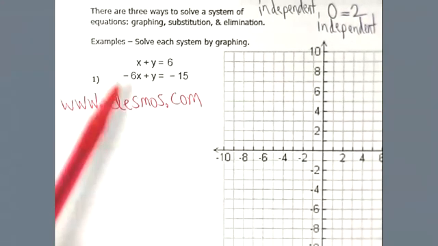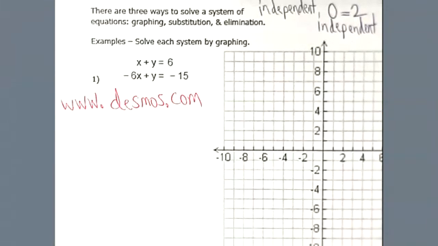So I'll give you a second to copy down, if you need to, the system of equations. And we're going to solve this particular system by graphing. Okay, let me switch screens and show you the Desmos website.